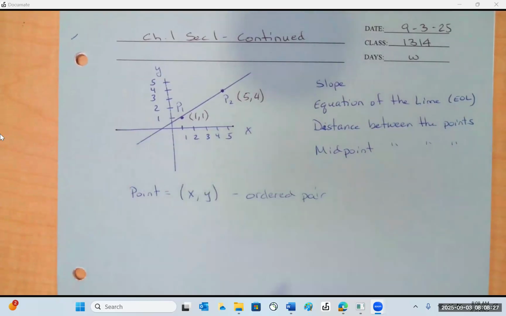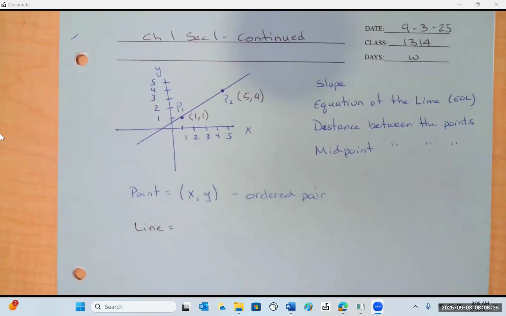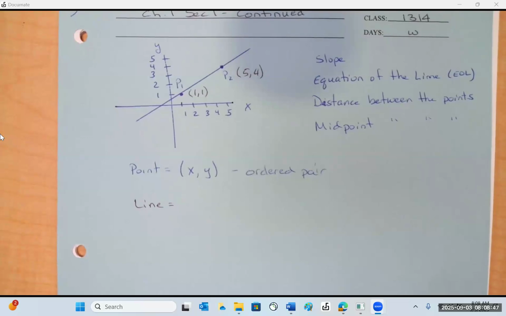Now, once we have a line, what exactly is a line? We use these words, but what do they mean? It's more than that. It has a slope, but a slope is not a line. What's that? You're getting closer, but what about them?